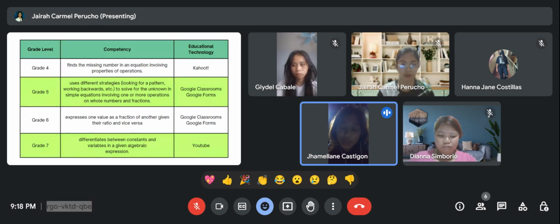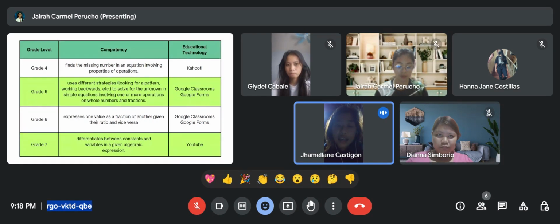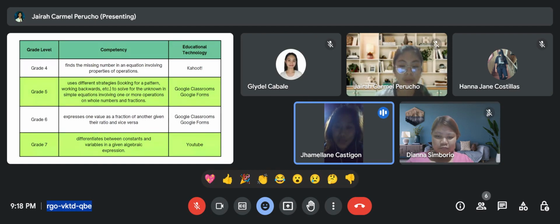And for grade 5 students or level, in this competency, Google Classroom and Google Forms can be used to explore different strategies for solving equations involving whole numbers and fractions.